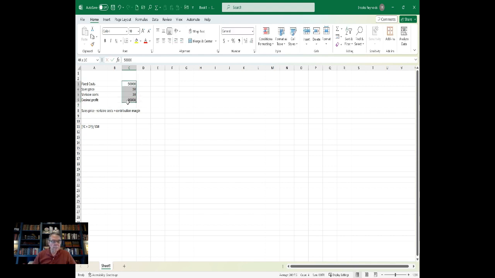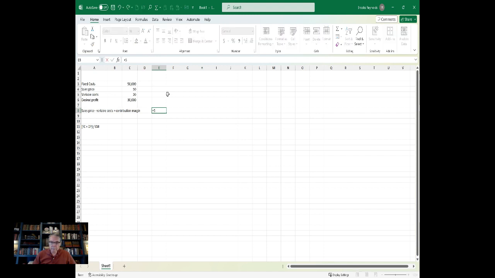I like numbers with the commas. So our contribution margin, of course, is going to be the sales price of $50 minus the variable cost of 20. And so that contribution margin is 30.